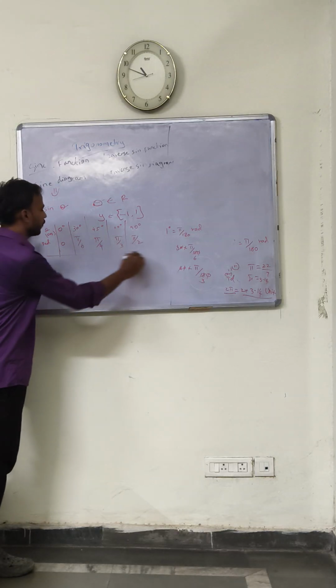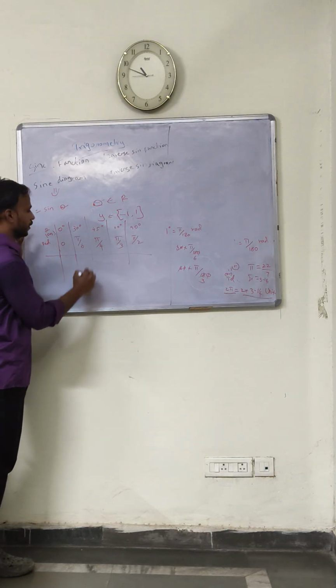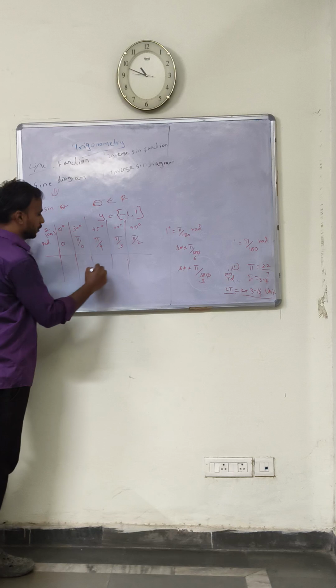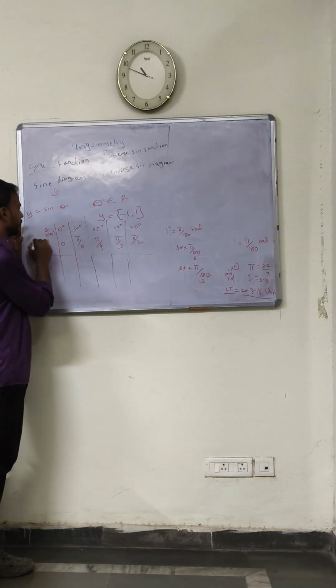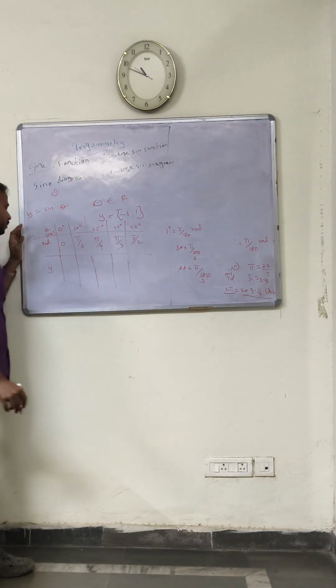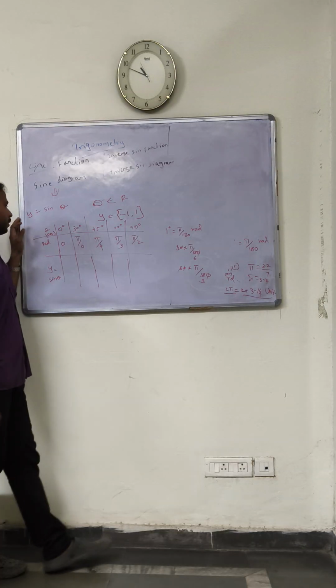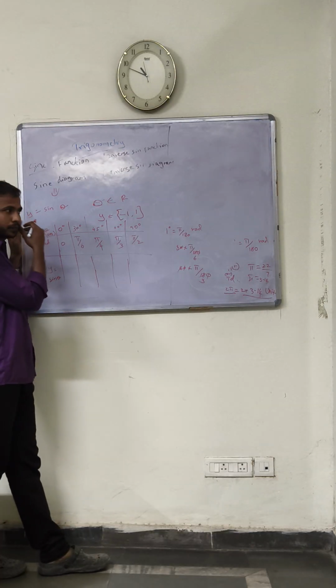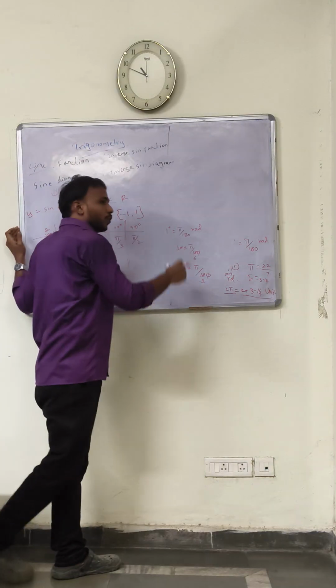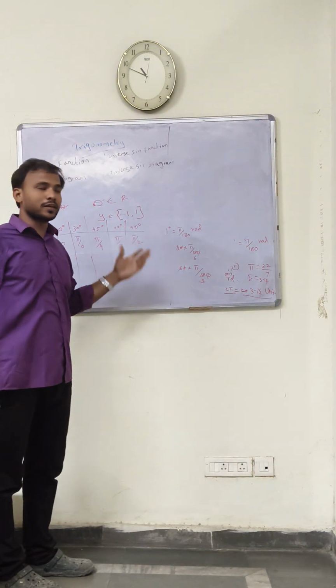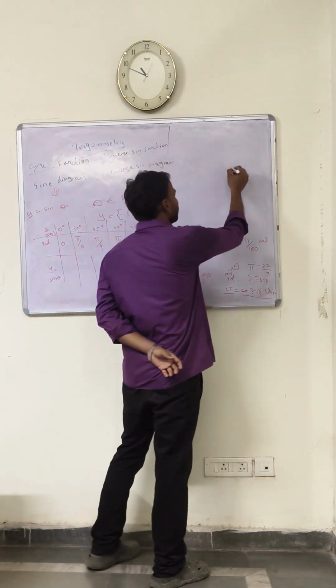Now we'll find the y value, then I will show how to draw that y value. Y equal to sin theta. What about sin 0? You need not memorize this, you can also easily learn it from the curve.